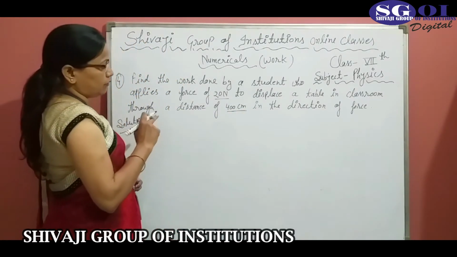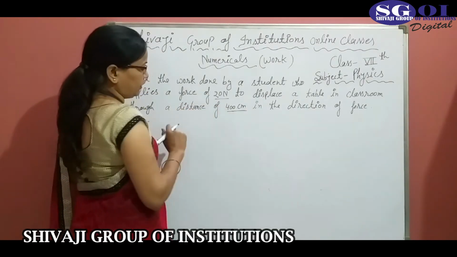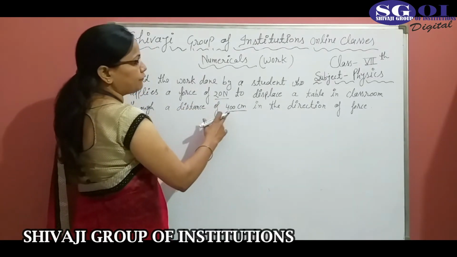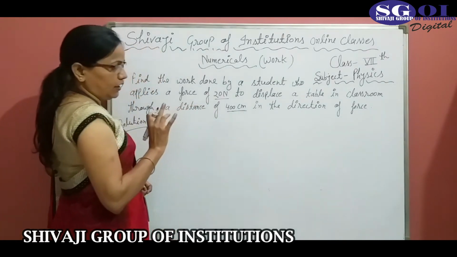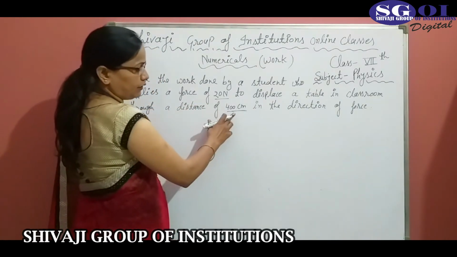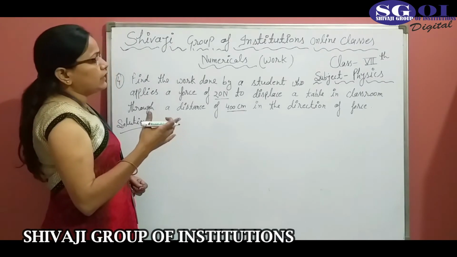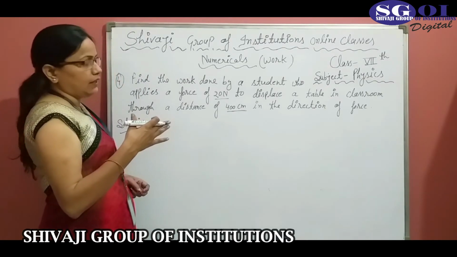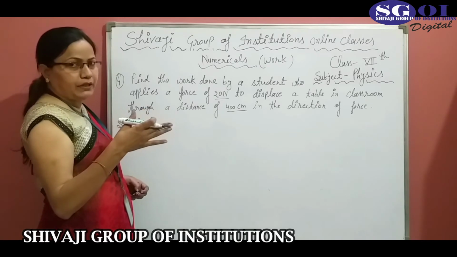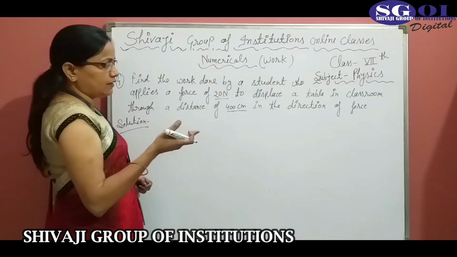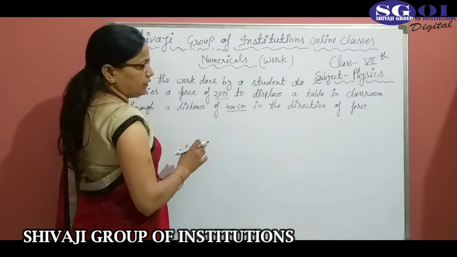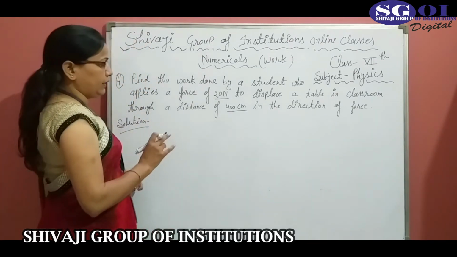Student, in this question, force is 20 Newton and displacement is 400 centimeter. Firstly we have to convert centimeter into meter because the unit of work done is Newton into meter or joule in SI system.